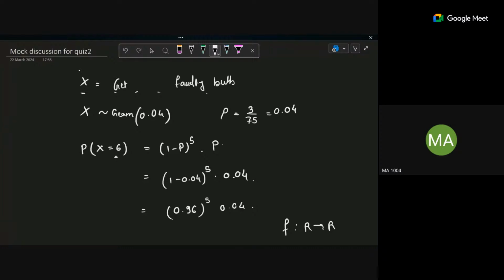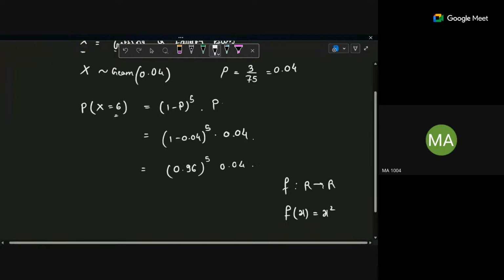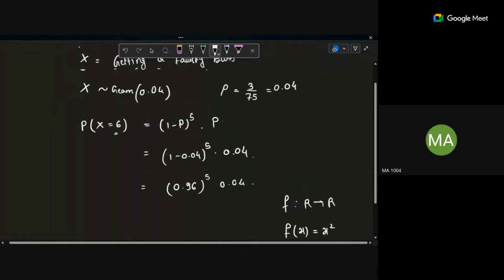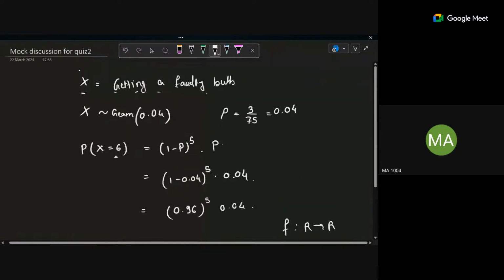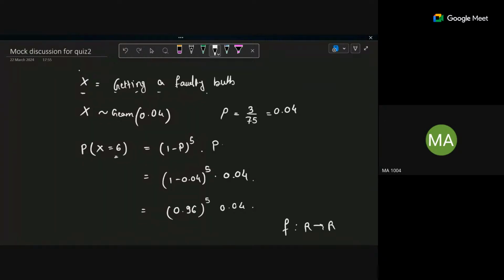According to the question, I decided it's the geometric distribution, and the rest of the things we calculated. So probability X is equal to 6 means, if I frame a sentence, getting a faulty bulb on the nth turn.